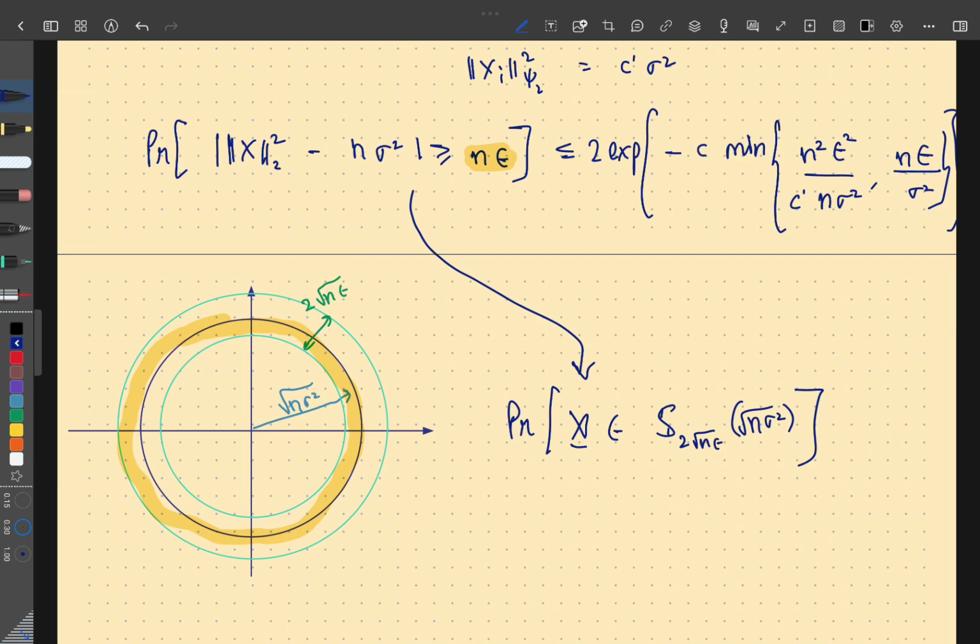Is this equivalence clear? The probability that x lies in this thin shell is the same as the probability that x has norm close to n times sigma square, or norm square close to n times sigma square.